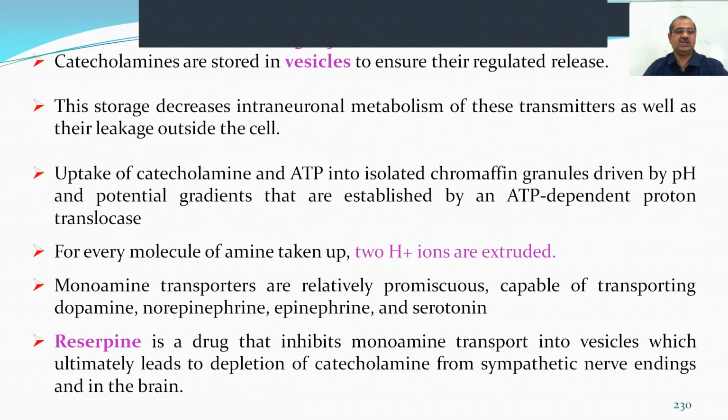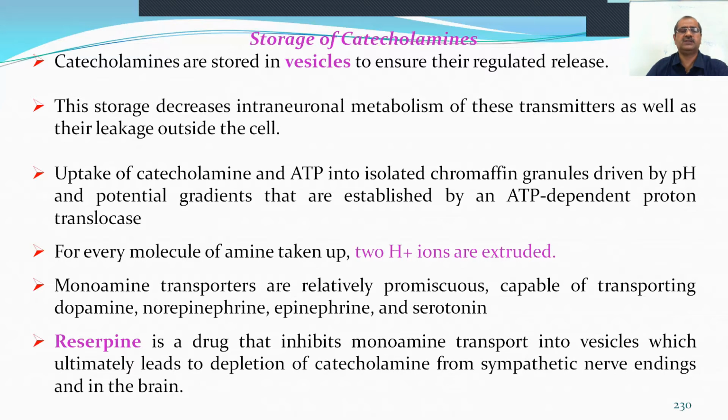As usual, the norepinephrine and epinephrine are stored in vesicles to ensure their regulated release. Why is the storage required? Because whenever the action potential arrives, it is not easy to synthesize norepinephrine or epinephrine so fast. So they need to be stored for release whenever there is a requirement of the neurotransmitter.